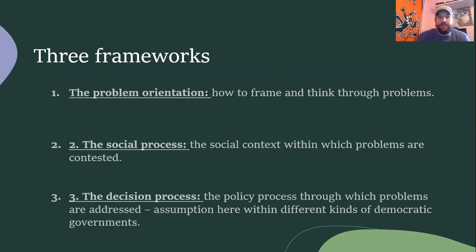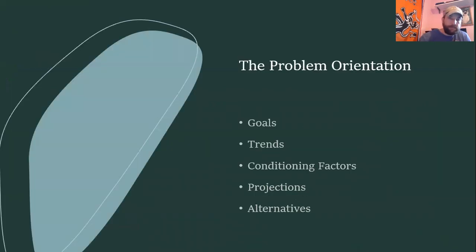I'm assuming here we have some kind of democratic form of governance in place. So those are the three frameworks. What I'm going to do now, the rest of the lecture, is really just quickly running through them, illustrating them. And again, this is just a quick once over because we're going to come back to these to help us throughout the course.